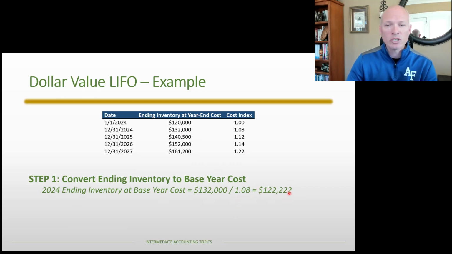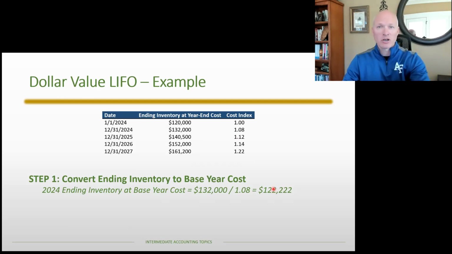So this $122,222, that's my December 31st, 2024 inventory at base year costs. So we went from year-end cost to base year costs. But I want to be clear, we're not reporting our ending inventory at base year costs. We're reporting it at acquisition costs, which is why this is step one, not step three, right?